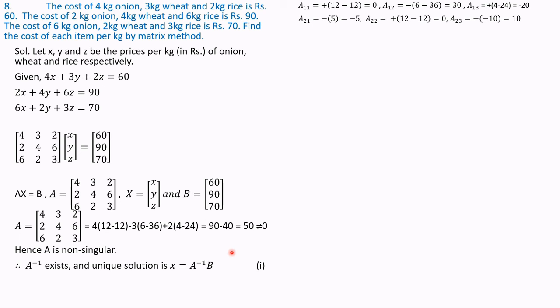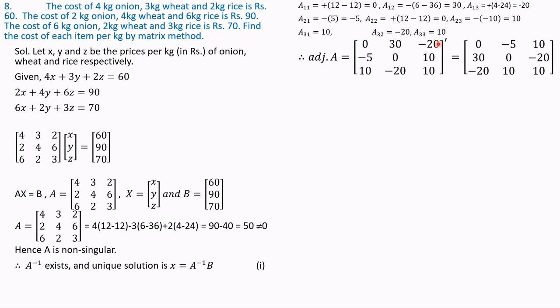So we calculate each cofactor. A11 is equal to 0, A12 is minus 30 and A13 is minus 20. A21 is minus 5, A22 is 0 and A23 is 10. By the usual method of expanding by rows, calculating the cofactors, we get A31 is 10, A32 is minus 20 and A33 is 10.